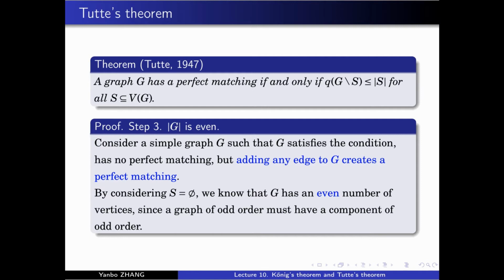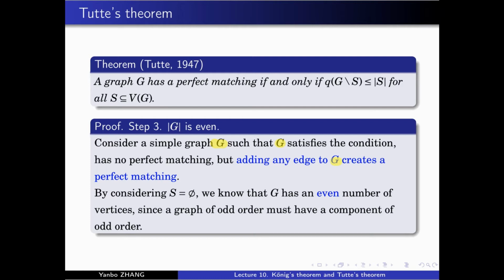The order of G is even. Consider a simple graph G such that G satisfies the condition, has no perfect matching, but adding any edge to G creates a perfect matching. Note that here we continue to use G to represent this graph instead of G'.